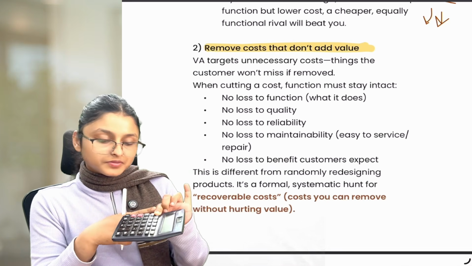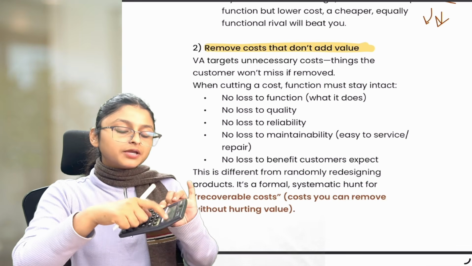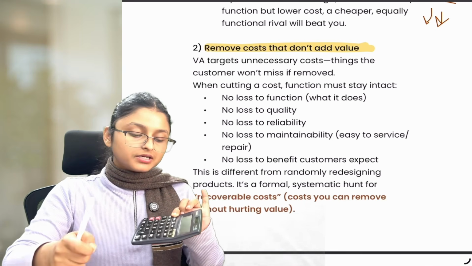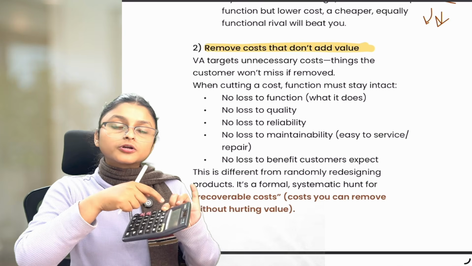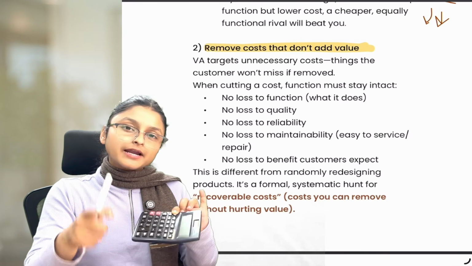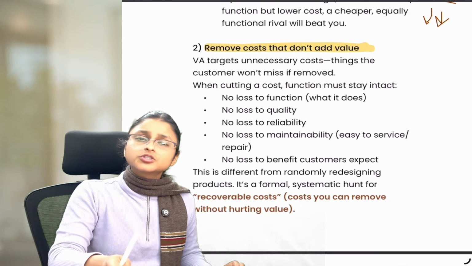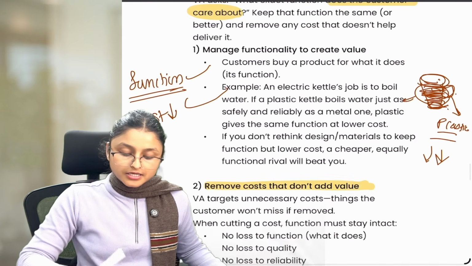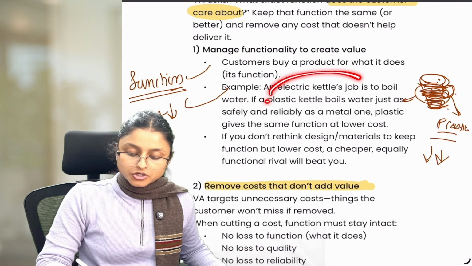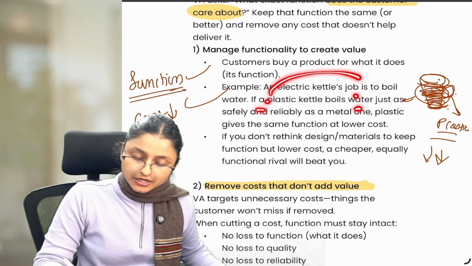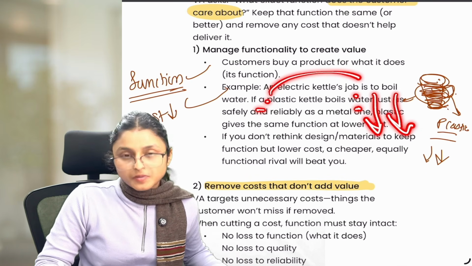And if they are not missing it and the calculator is able to perform every function properly, then why should we not remove that part? We should definitely try to remove that part. And that is what this point is saying, that remove those parts which are of no value. Here we improved or changed the parts which are valuable with lower cost parts.